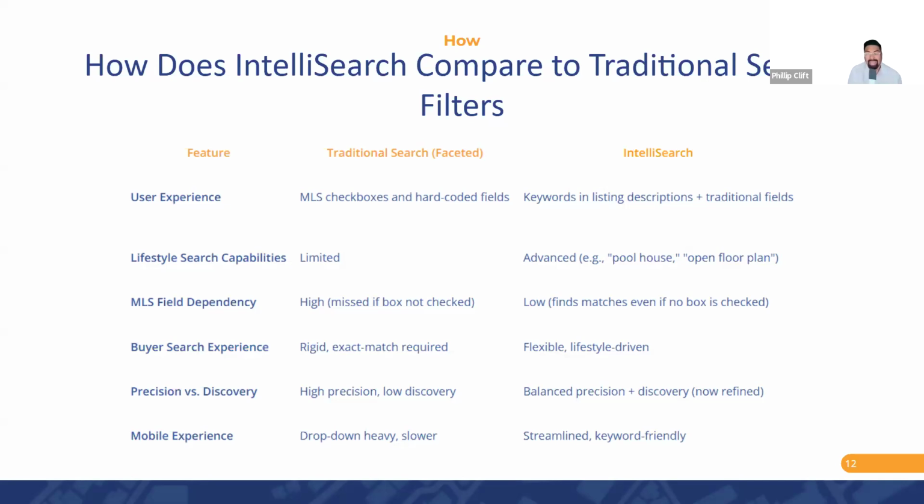We are not as dependent on MLS fields, which means your buyer search experience is flexible, right? They don't have to find the one-to-one matches. And this really balances better the precision and discovery, which has now been better refined. And the mobile experience is more streamlined and keyword friendly.